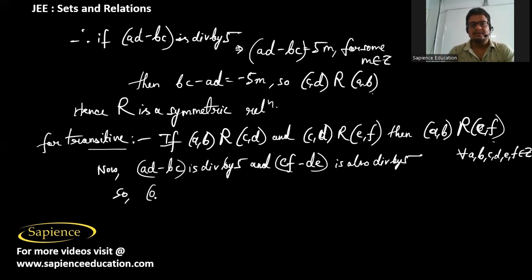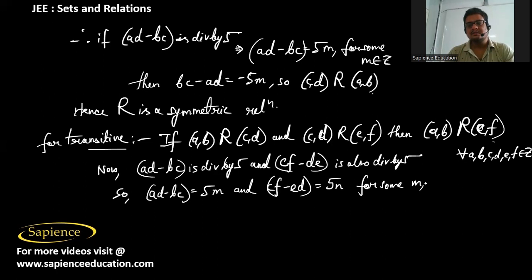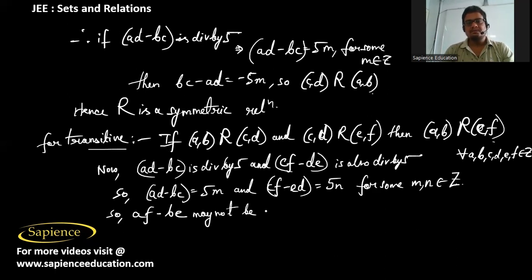So therefore we can say that AD minus BC is equal to some 5m, and CF minus ED is also equal to some 5n, for some integers m and n belongs to Z. Now AF minus BE may or may not be divisible by 5.